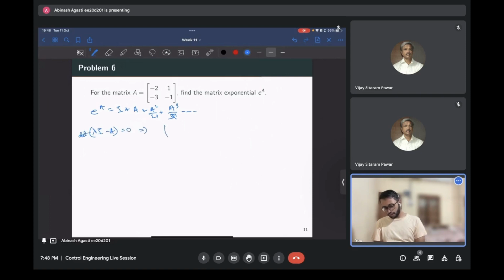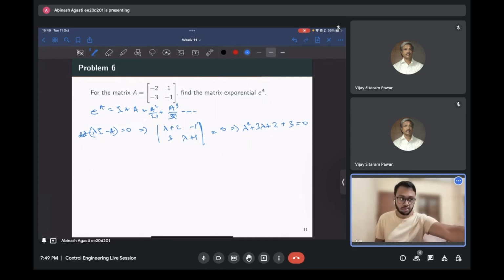So we have the determinant of lambda plus 2, minus 1, 3, lambda plus 1 equal to 0. This implies lambda square plus 3 lambda plus 2 plus 3 is equal to 0. So what is the determinant here? Let's put it in the calculator.